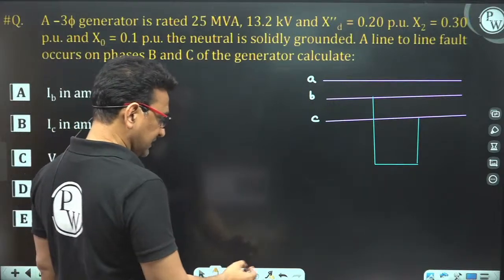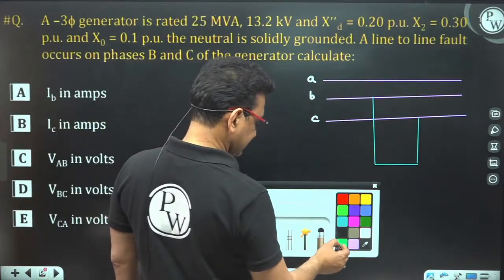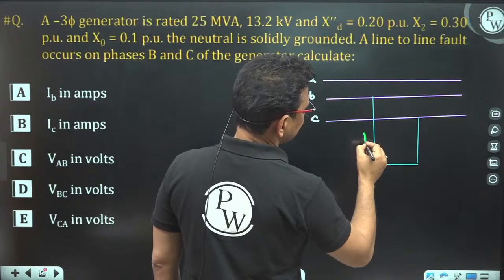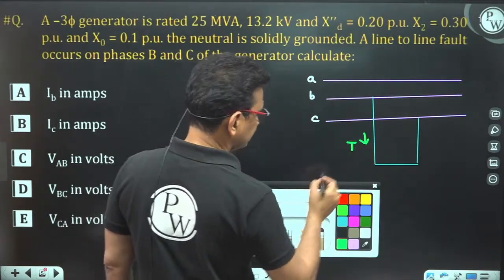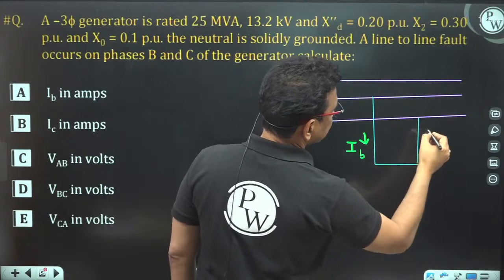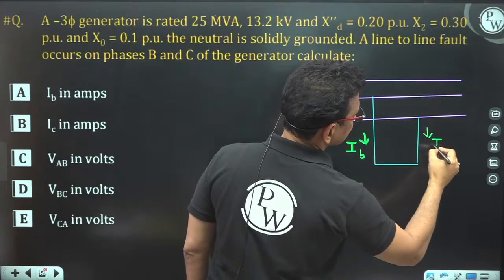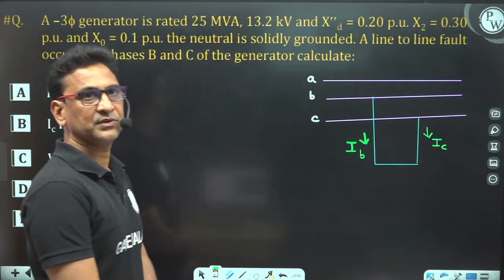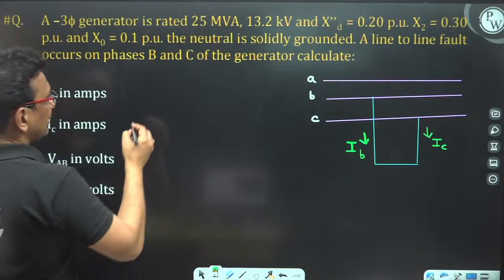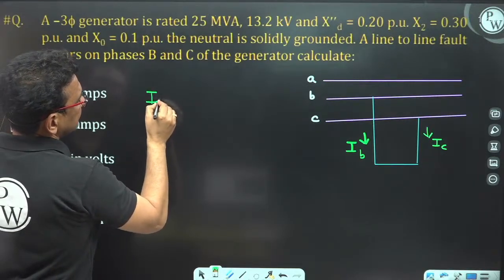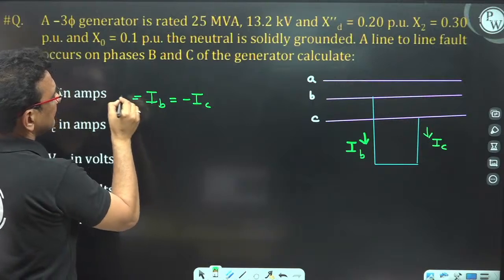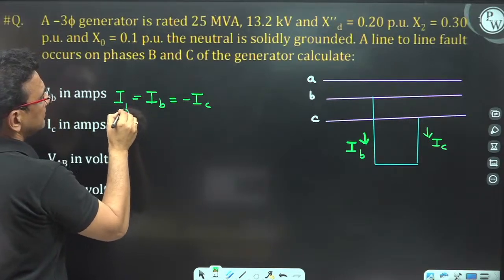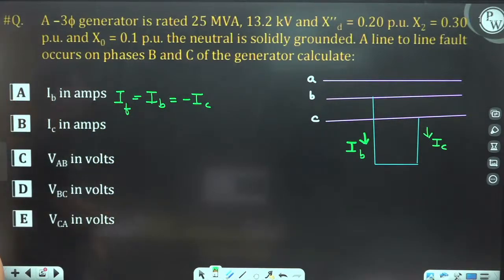So this is my B phase current IB and the C phase current IC. Clear? So we all know that IB is equal to minus IC, and this is the fault current. Fault current is nothing but IB minus IC.